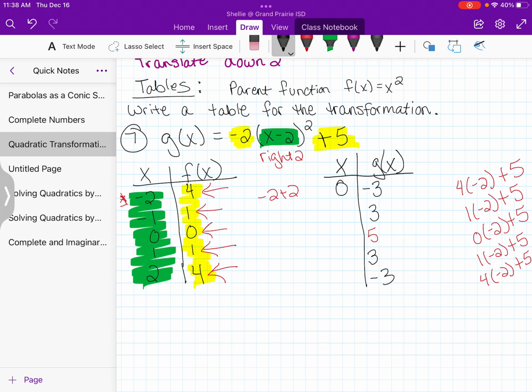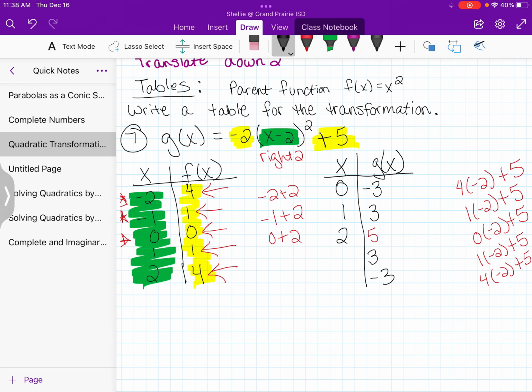So -2 plus 2 is 0. I'm going to use this x value here. So -1 plus 2 is 1. Then I'll look at 0. I have 0 plus 2 is 2.